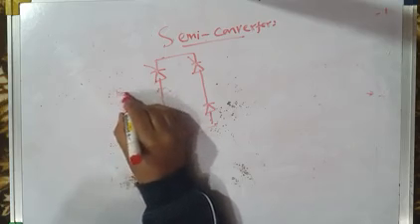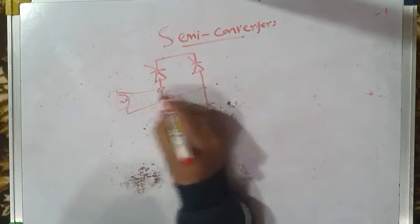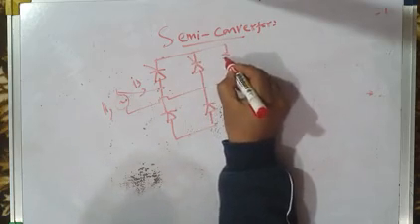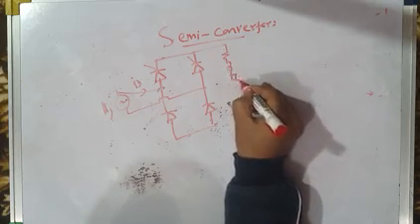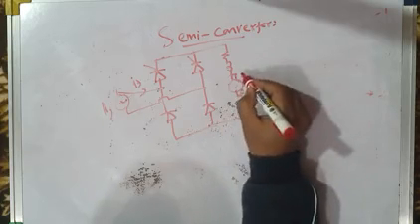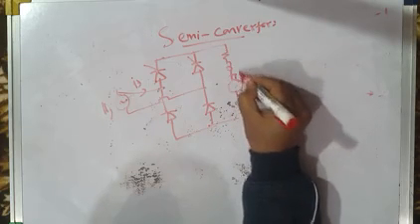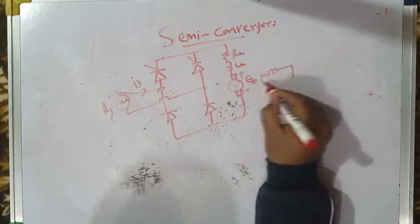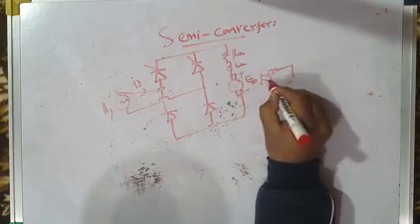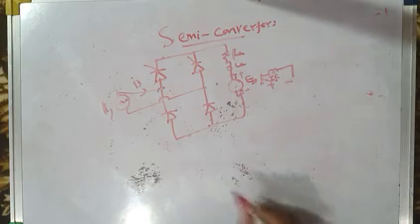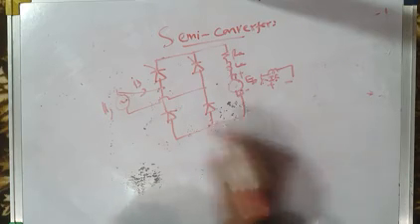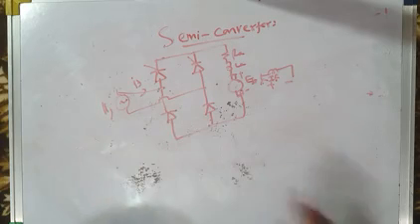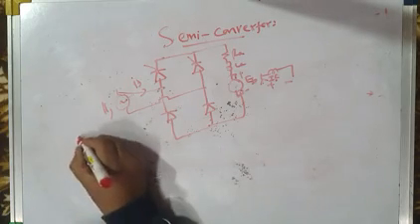This is the AC source, maybe through a transformer or it may be without a transformer, and this is your load. Load is a DC motor like this. This is back EMF, this is armature circuit resistance, armature inductance, and this is the separately excited field. Field current is IF. And symbolically, this semi converter is shown like this.